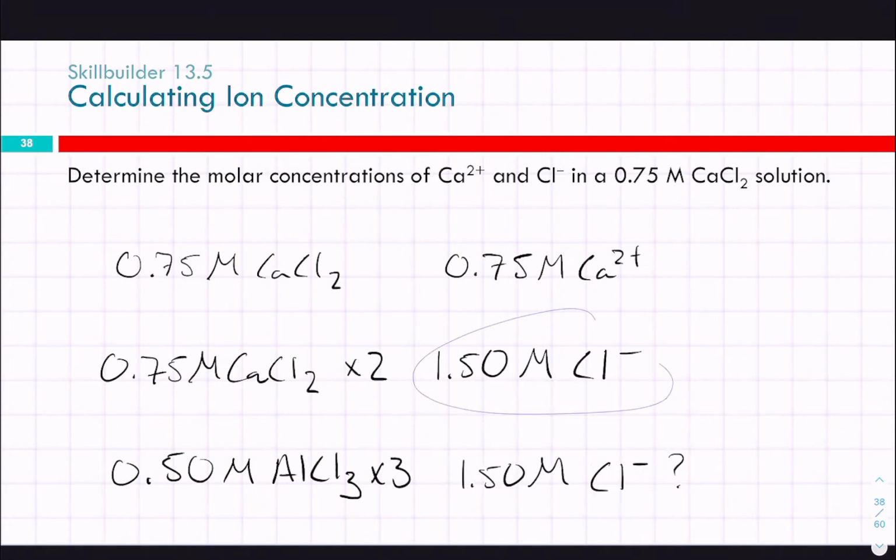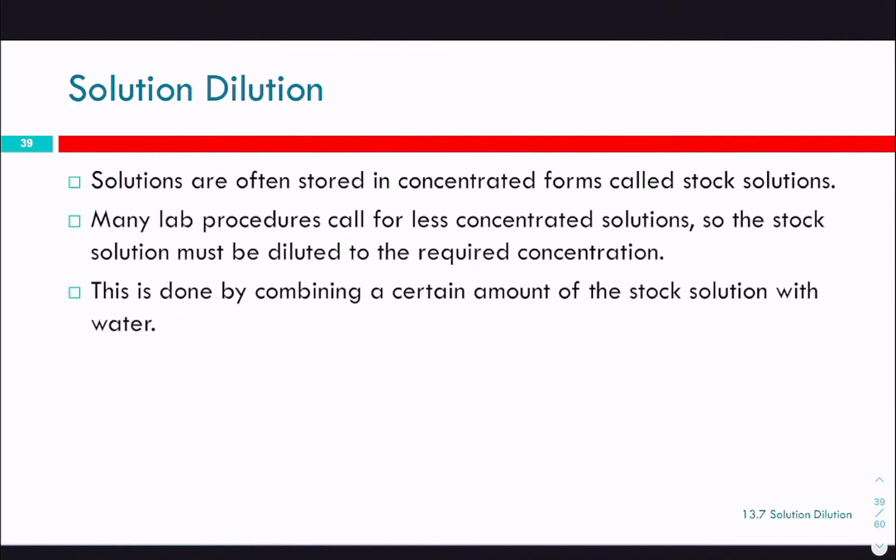So I guess the same as this one. And then the aluminum concentration would be the same, 0.5 molar, multiplied by 1. Okay, like I said, not spending much time on that.